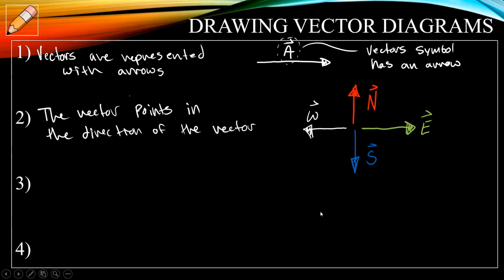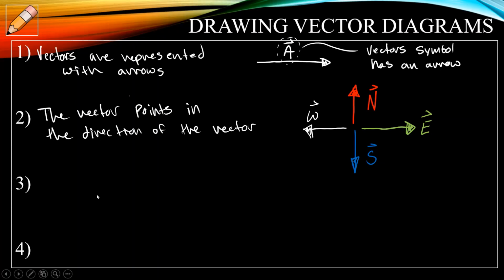Cardinal directions are a good example of that. You can imagine that we're looking with a bird's eye view on top of some situation. If you've got a particle moving to the north or to the south or to the east or to the west, then you want to make sure that you're drawing those quantities in the same direction that the quantity is actually moving in.